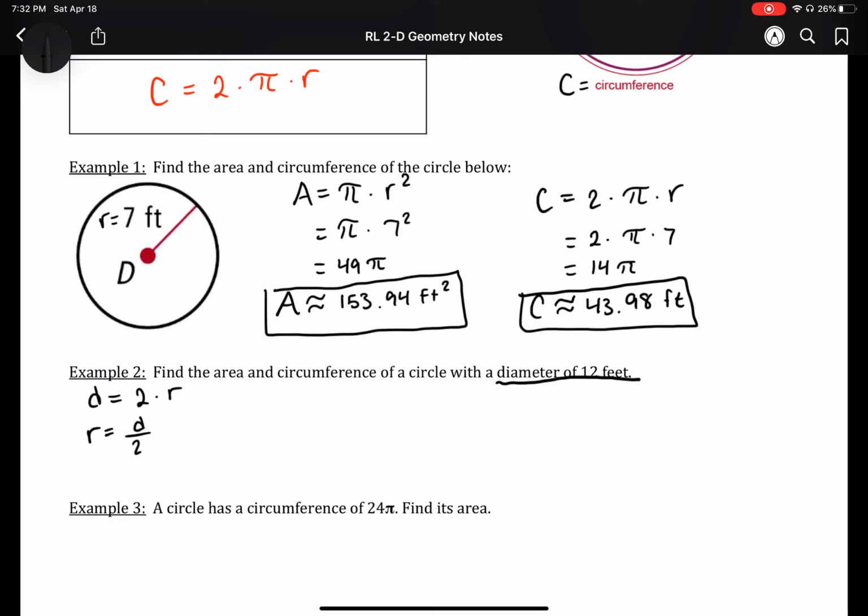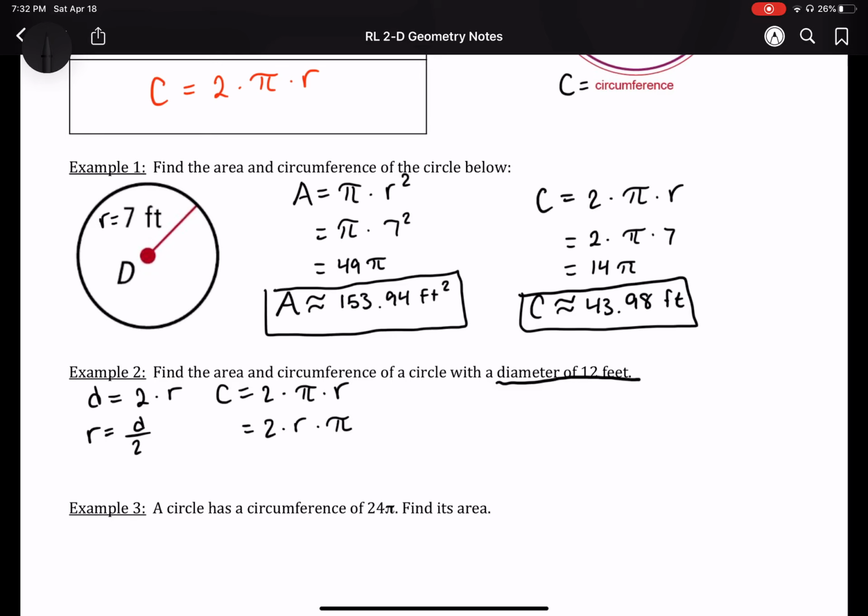Something I did not mention, but you might see the connection right now if we start with circumference. In the circumference formula, it says that C is equal to 2 times pi times r, and we can rearrange that to say that we have 2 times r times pi.